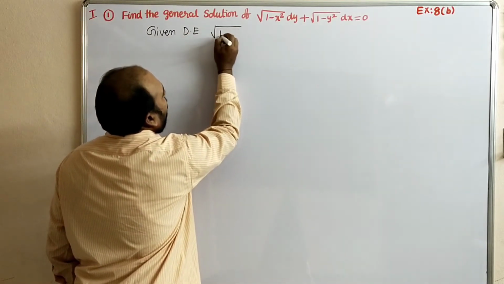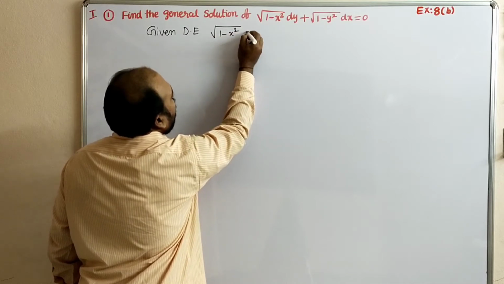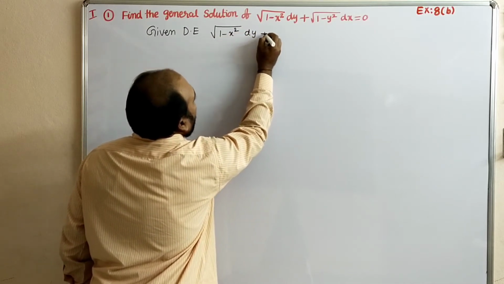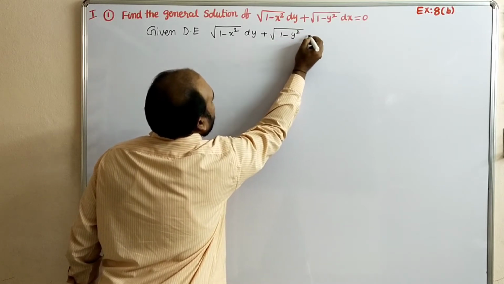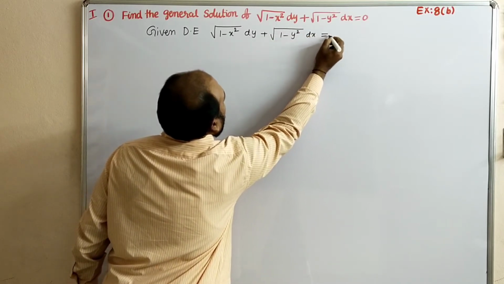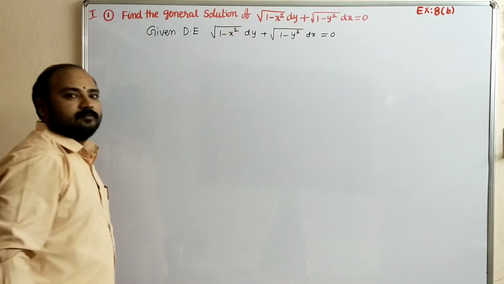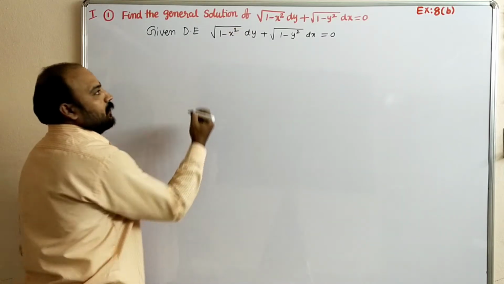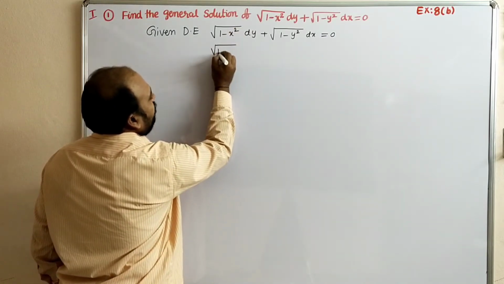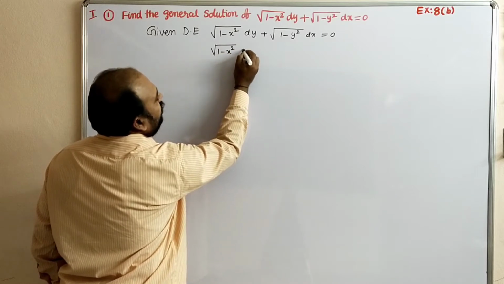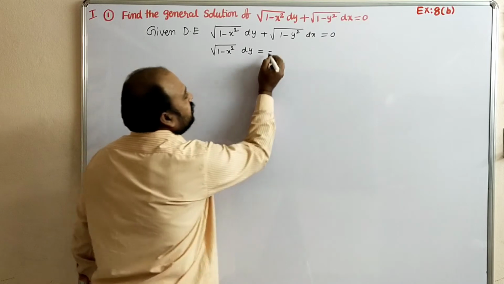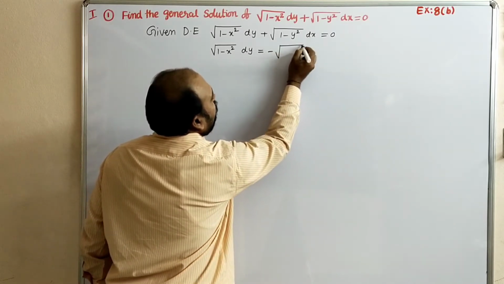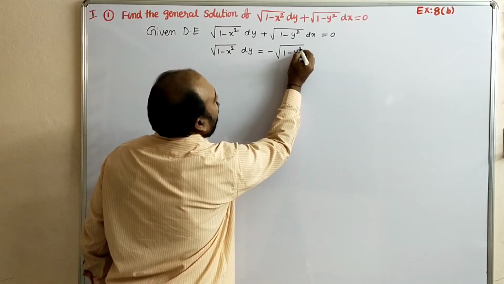So first step, the given differential equation: square root of 1 minus x square into dy plus square root of 1 minus y square into dx is equal to 0. In the next step, square root of 1 minus x square into dy is equal to minus square root of 1 minus y square into dx.